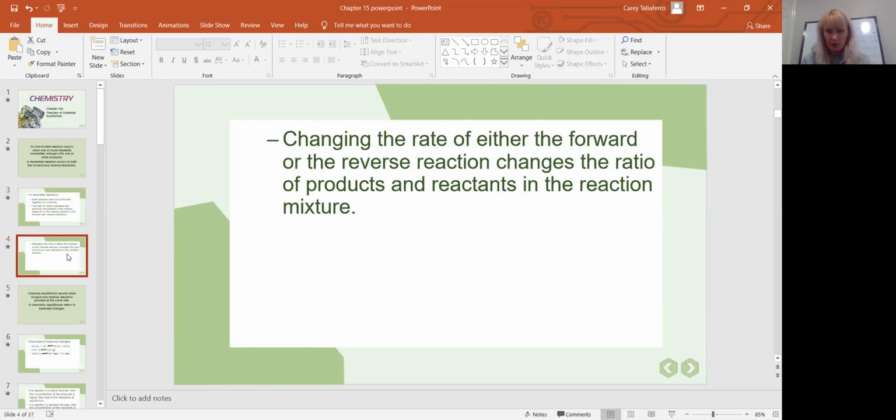If you do something to the reaction that changes the rate of the forward reaction, which is what we think of as the normal reaction, or the reverse reaction, meaning you go backward toward the reactants, that's going to change the ratio of the products and the reactants in the mixture. We're going to look at these reactions, and then we're going to go through different scenarios of what would change the outcome of these reversible reactions.